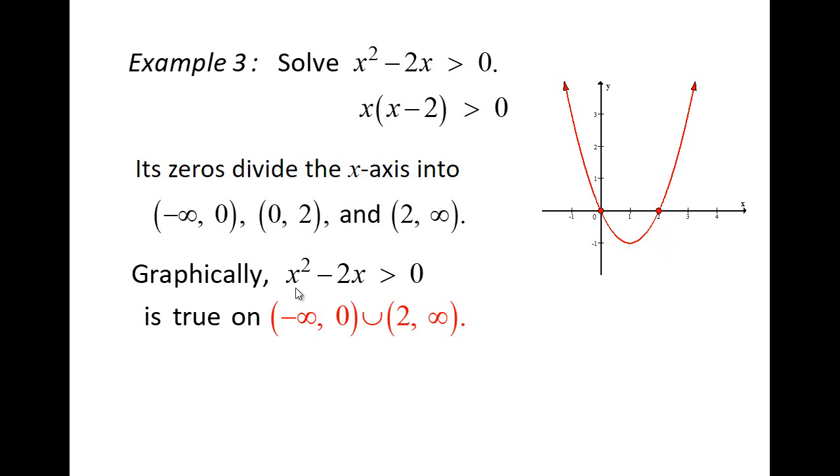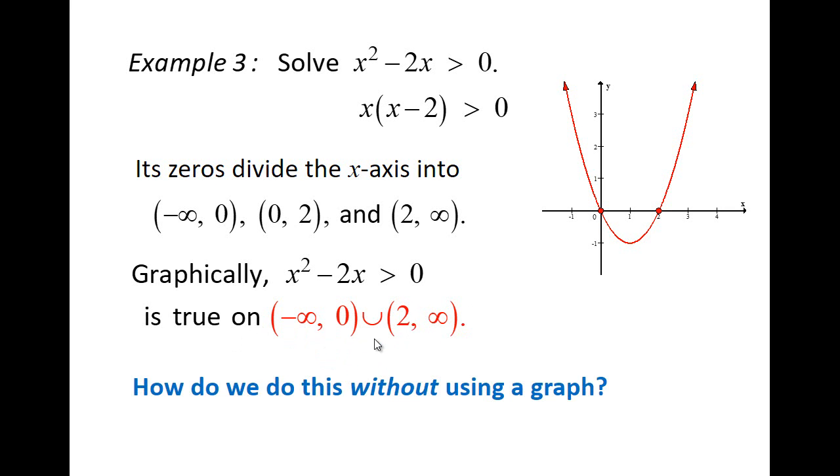So we see that this inequality is true when x is in the interval from negative infinity to 0, union 2 to infinity, open parentheses at 0 and 2 because they are not included.